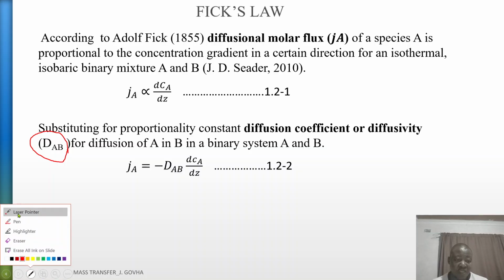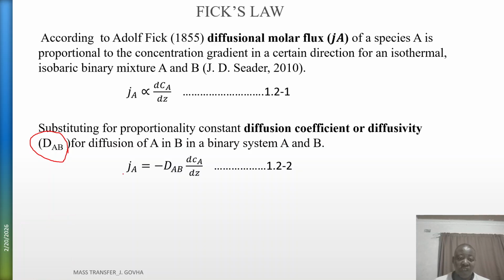So if that's achieved, then our JA, indicating that we are talking about species A, is equal to minus DAB dCA/dZ.